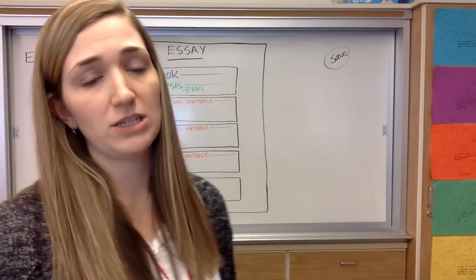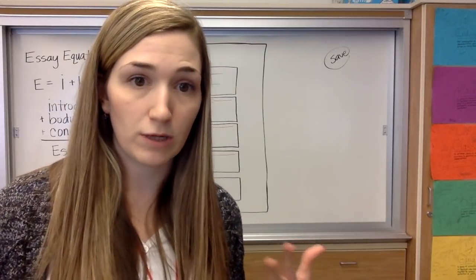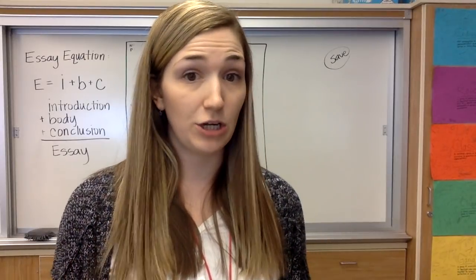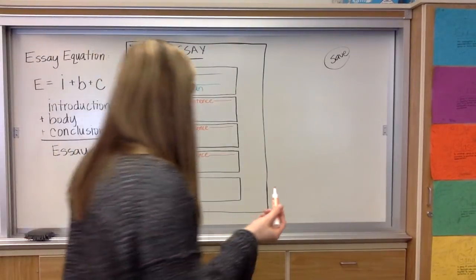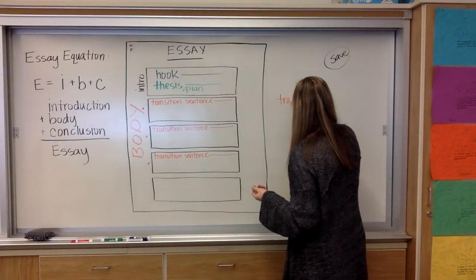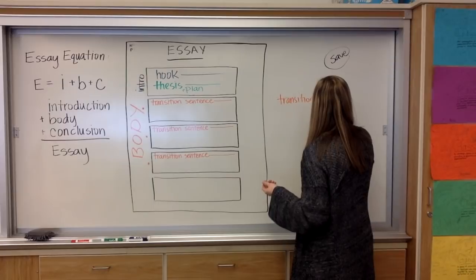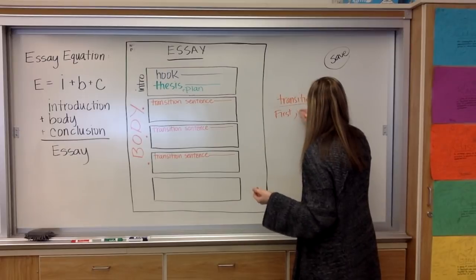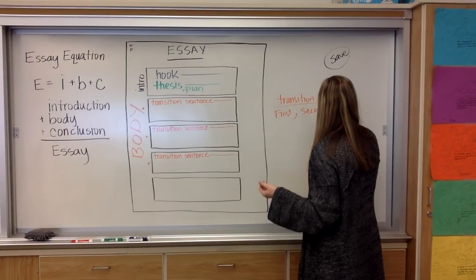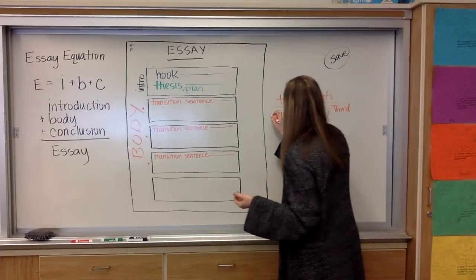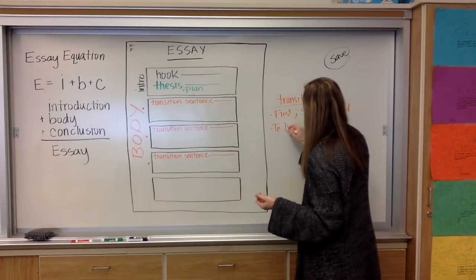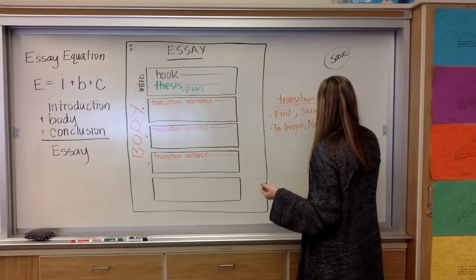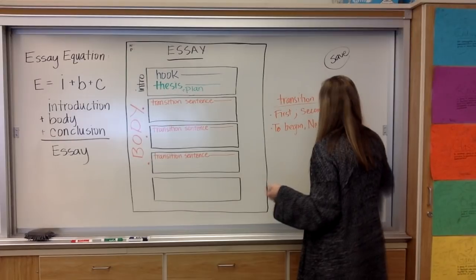When we are using transition sentences, we oftentimes use what's called transition sets, and I'm sure that you guys have used these. You just maybe didn't know what they were called. Some common examples of a transition set might be first, second, third, or another one could be to begin, next, last.